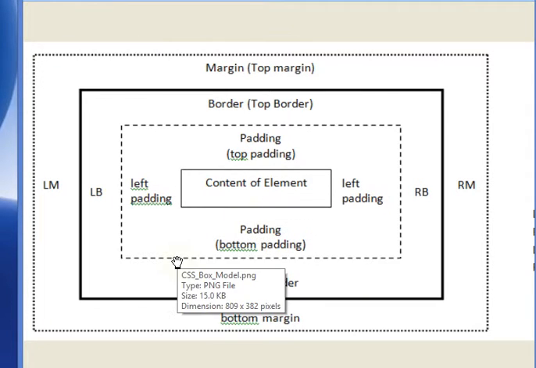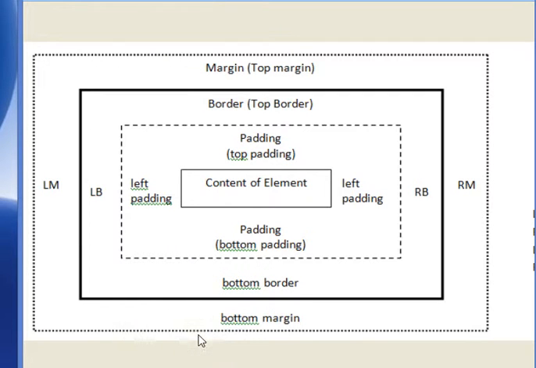Basically each box has 4 edges: margin edge, border edge, padding edge, and content edge. So this edge is the content edge, right?